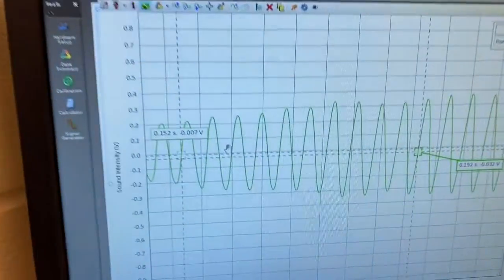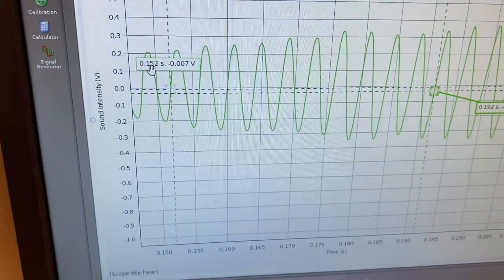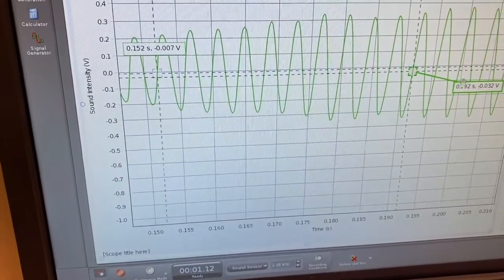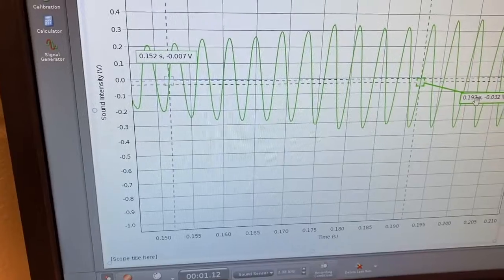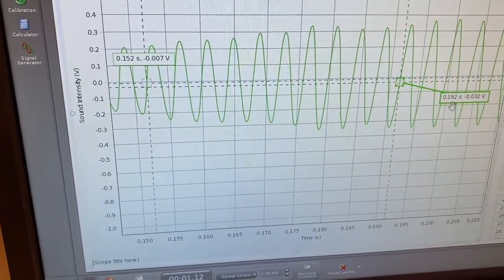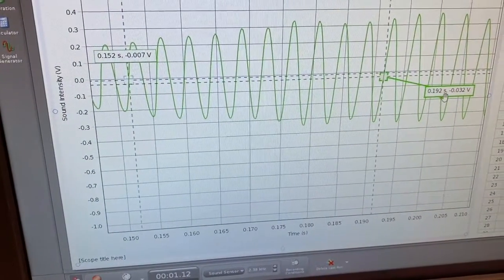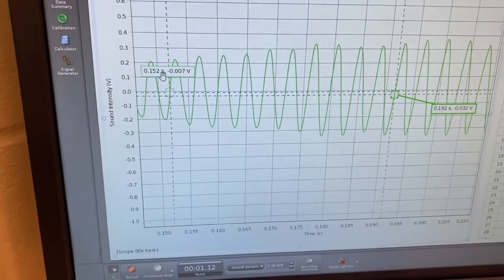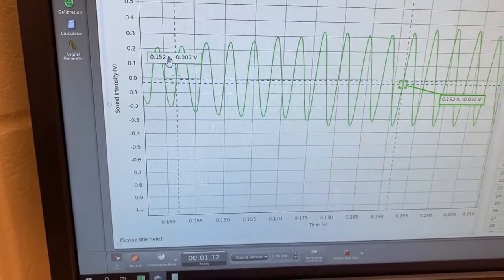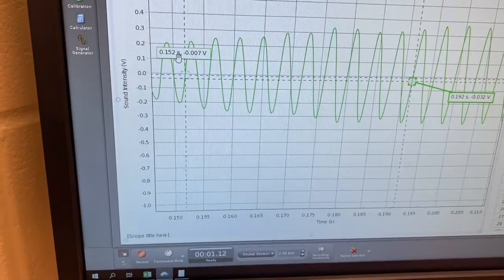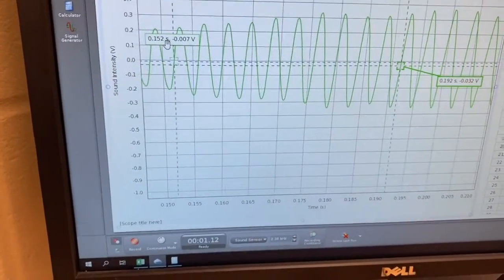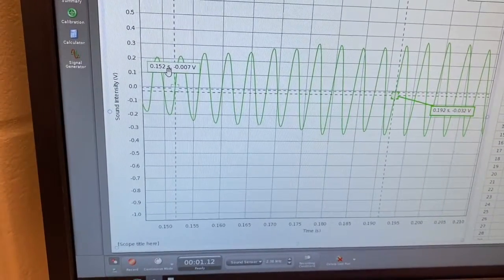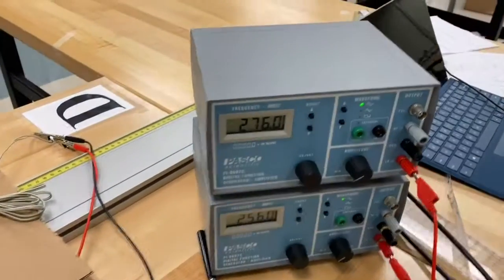Okay, so the time between these two values is the 10 periods. The values are 192 and 152. So the difference is 10 periods, and in order to find the frequency, you need to get the period and get the reciprocal of that.